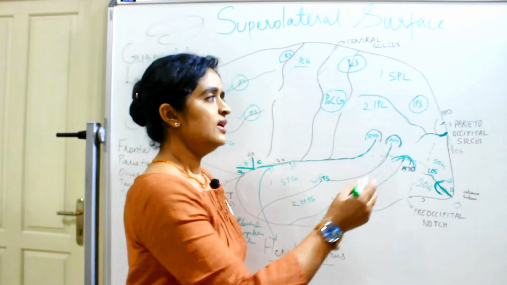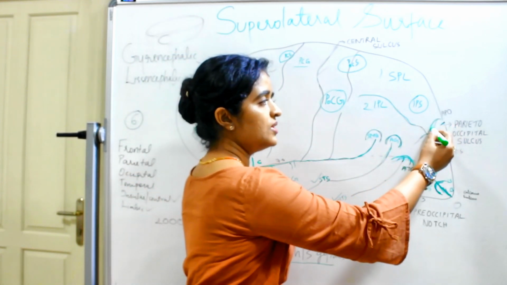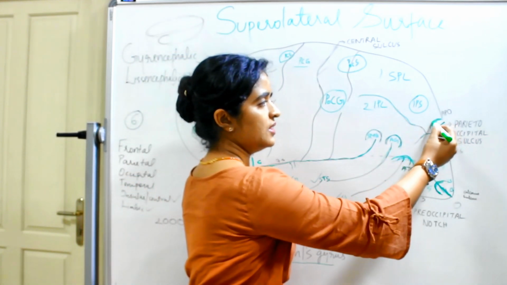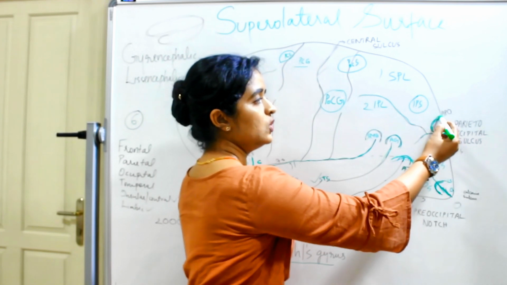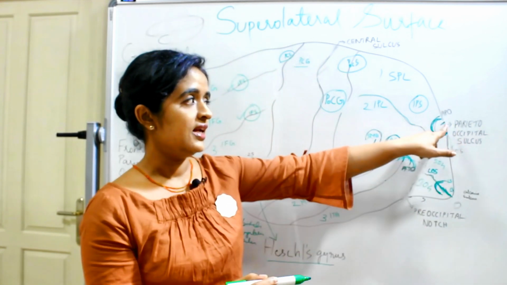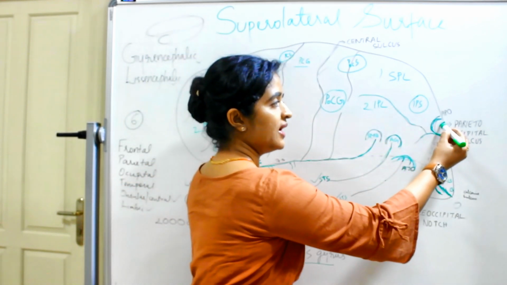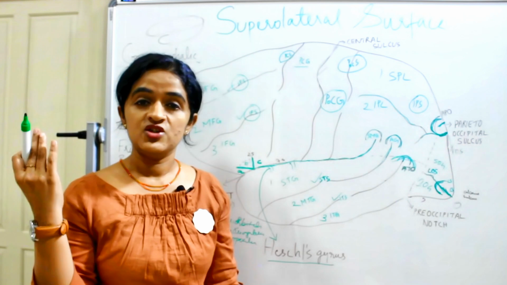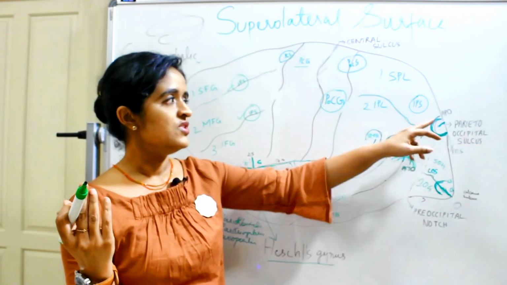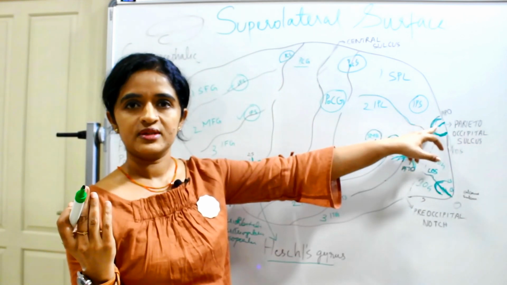And what is the importance of this transverse occipital sulcus? It actually encloses a gyrus in and around the parieto-occipital sulcus. We already mentioned the parieto-occipital sulcus, which was the major sulcus on the medial surface, projecting onto the superolateral surface, isn't it?